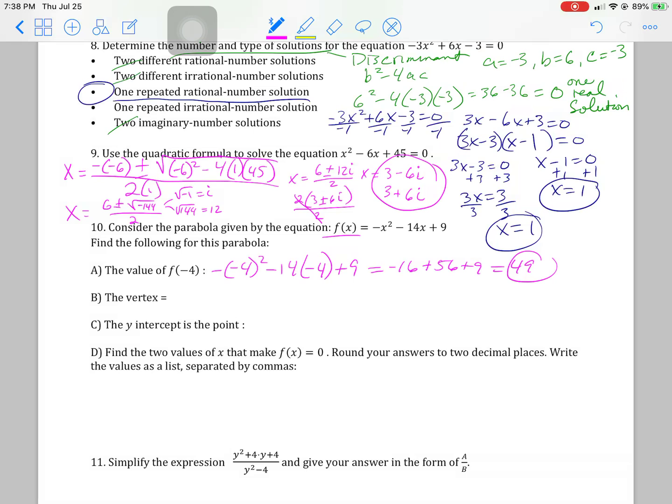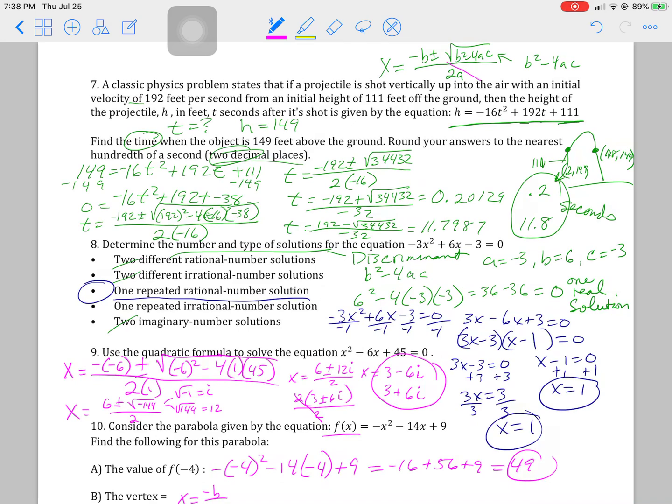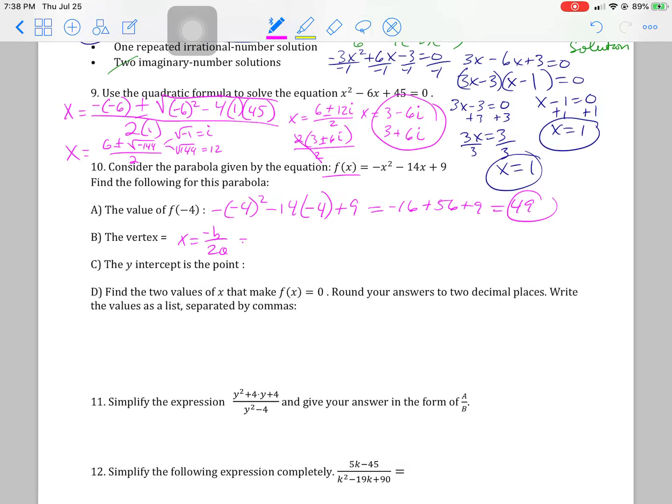Vertex formula: negative b over 2a. Remember, the vertex formula is the front part of your quadratic formula. Here's your b. Negative b is going to be a positive 14, over 2 times a.